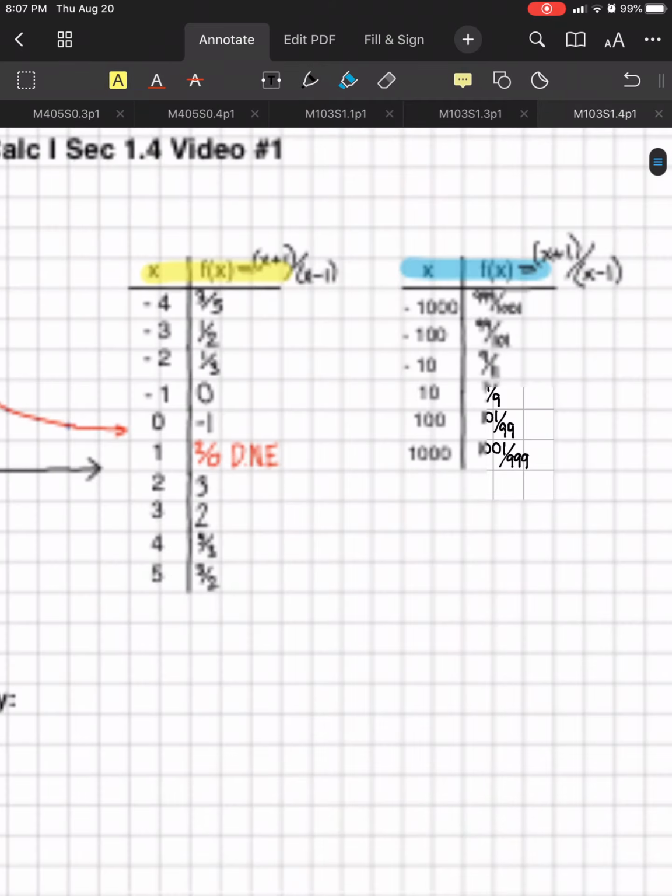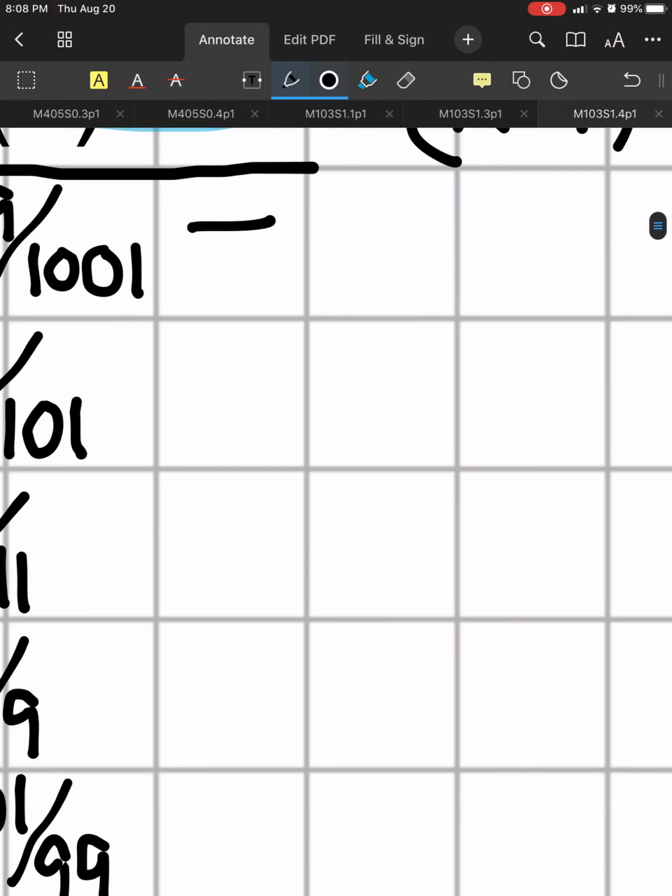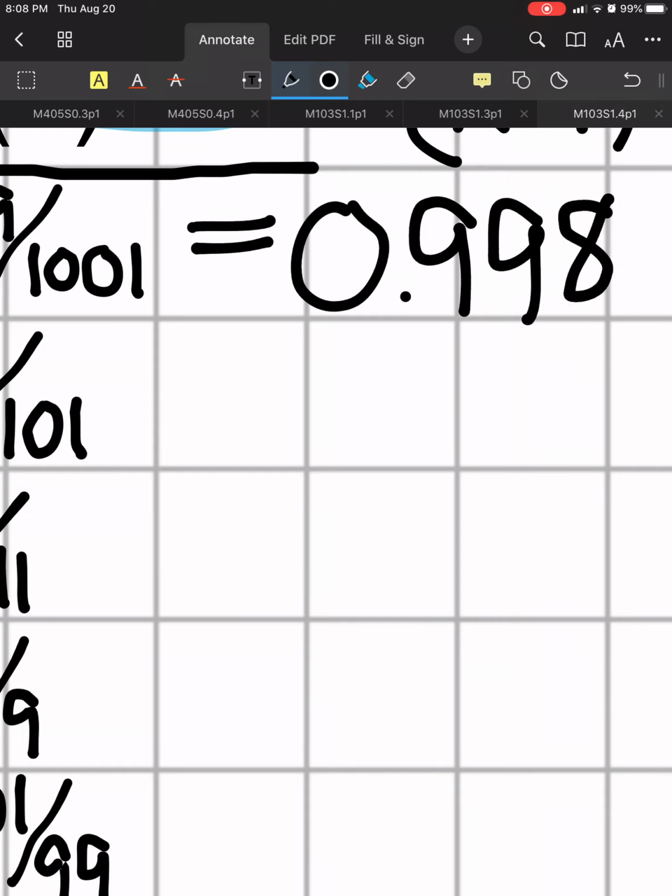Normally, I would have you all give me the decimals of these, but let me type this into my calculator here, and I'll get those out to a couple decimal places. It's going to be a couple minutes here to get them all. So our first one, 999 divided by 1001, that is 0.998. The next one's 99 over 101.